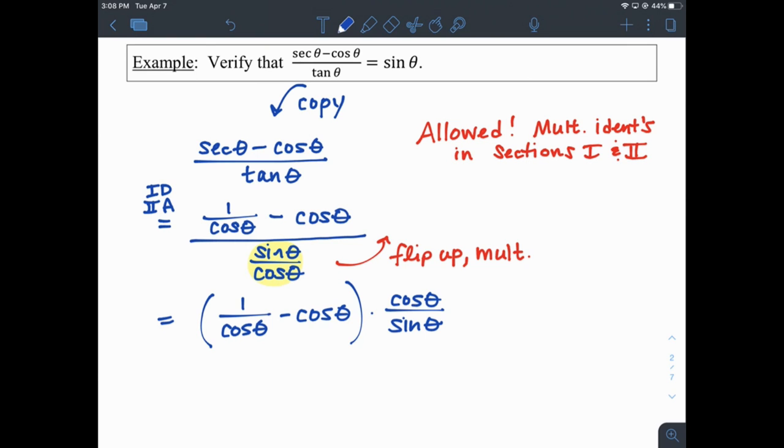So the entire numerator gets multiplied by that fraction that's flipped up. We are going to distribute. Okay, so super important when you do this, make sure that you distribute. If you split it into two fractions first and then flip the fraction up in both of the fractions, you're going to wind up with the same result that I'm about to get. But if you flip it up without splitting it, you need to distribute.